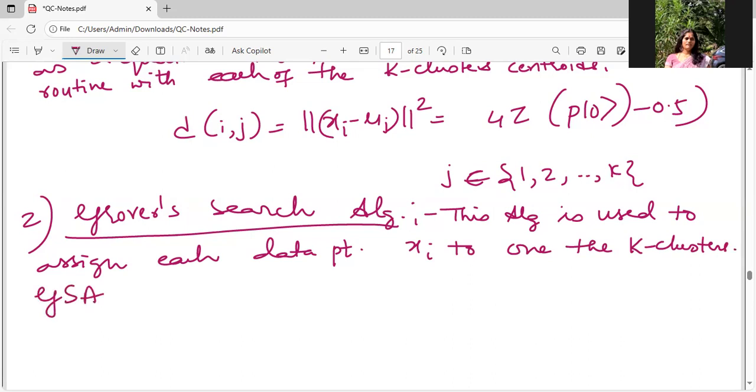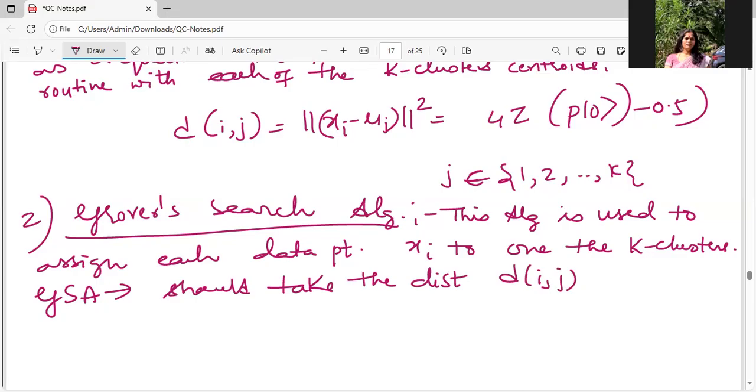Grover's search algorithm should take the distance Dij and assign the correct cluster Ci to the quantum state under consideration.